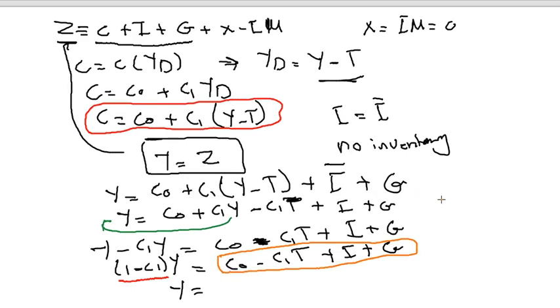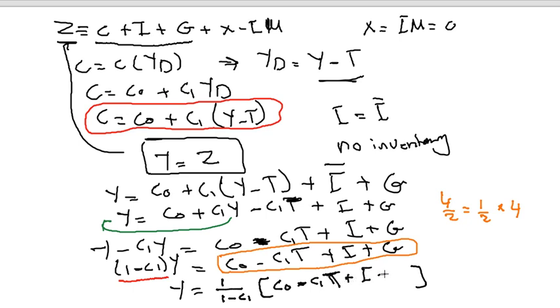If you have a fraction like 4/2, it's exactly 1/2 times 4. So this is exactly the same thing here. Because I'm dividing by 1 minus C1, it's exactly the same as saying 1/(1 minus C1) times the whole part here, C0 minus C1 T plus I plus G.